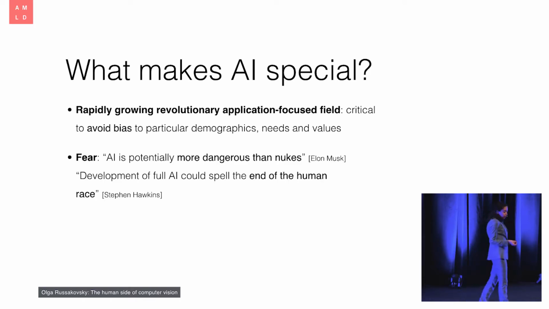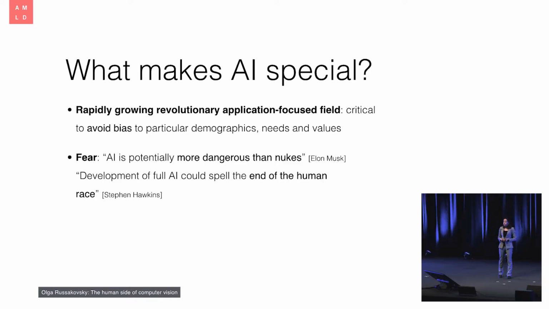Second, there's a fear around AI that doesn't exist around the rest of engineering, or at least doesn't exist as much. AI is potentially more dangerous than nukes. The development of AI could spell the end of the human race. What this fear does is, when you're part of a group where you don't see yourself represented in AI, you don't have mentors and role models in AI, you don't really feel like this is a field for you.